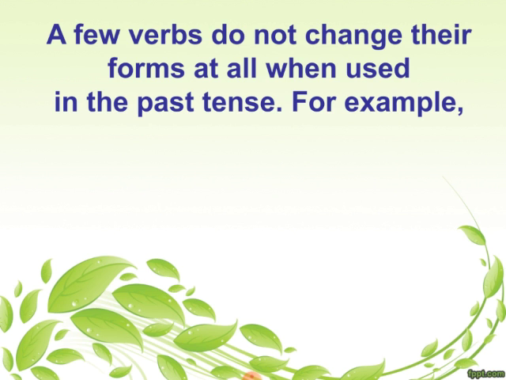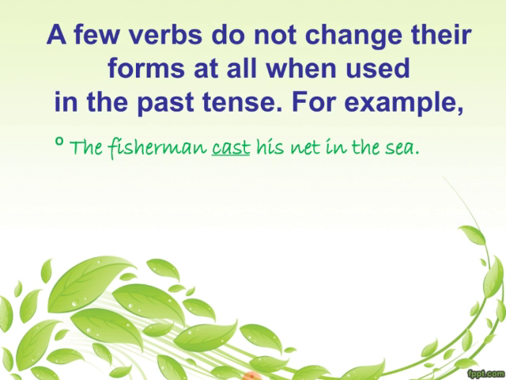A few verbs do not change their forms at all when used in the past tense. They remain the same. They neither put ed, d, ied, nor change their spelling. The spelling is the same in the present tense and in the past tense. For example, the fisherman cast his net in the sea. Verb is cast.